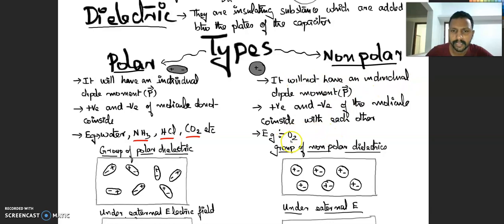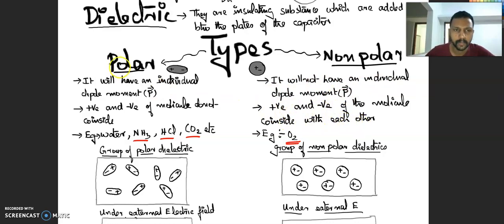If you take the example of O2, the molecule's net charge is neutral and the positive and negative are merged together. Therefore, the positive and negative are not separated. That's why we call it a non-polar dielectric. It will not have any individual dipole moment, and the positive and negative will coincide with each other.